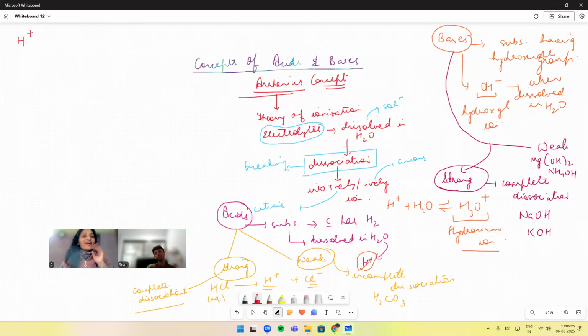See, this H positive. The atomic number of hydrogen, you know that? One. Now it has lost the only electron which it had, because it is positively charged. So now it is basically a proton. Because this proton doesn't have any electron with it, it is very, very small in size now.